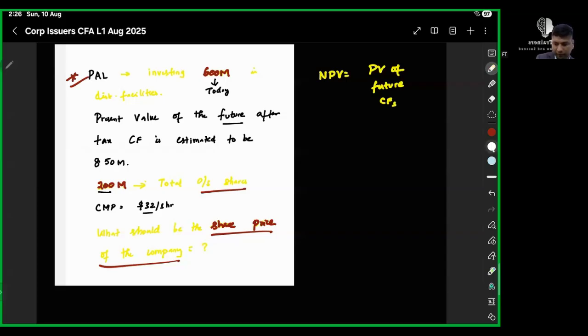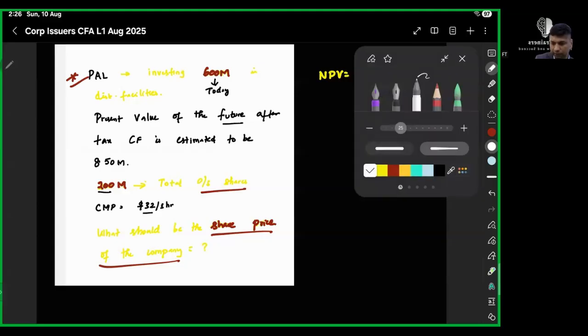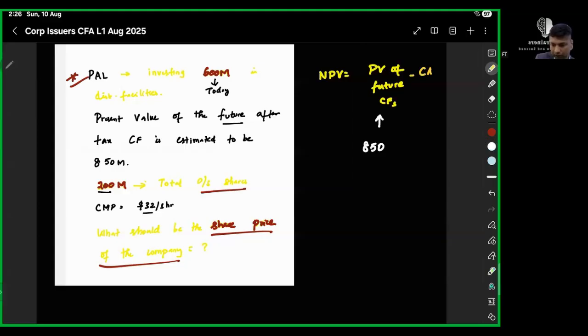And they have given this value as 850. Okay. Then we also have to subtract capital outlay, right? So that's the definition of NPV. That's what they have given. Capital outlay is how much? 600. Investing 600 means that is the capital outlay required. So my NPV is 250.